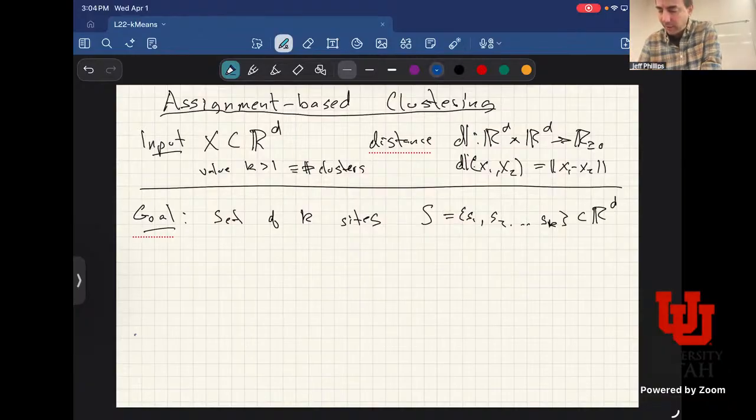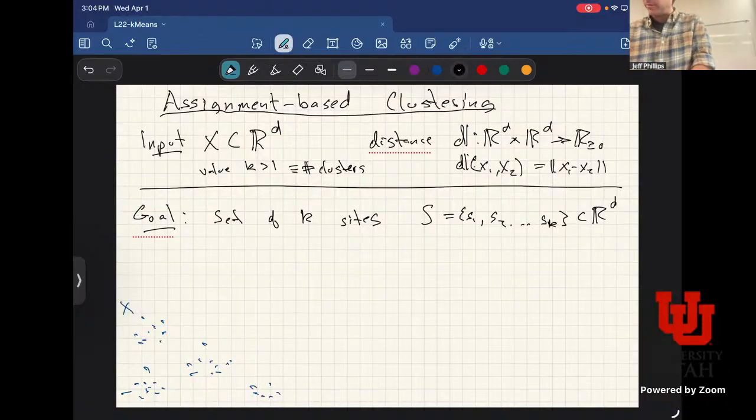So we're going to think of having these input point sets. This is our input X. These are points in just R^2. My goal is to define these sites, which are representative points.